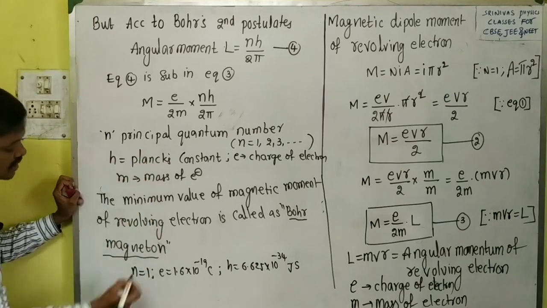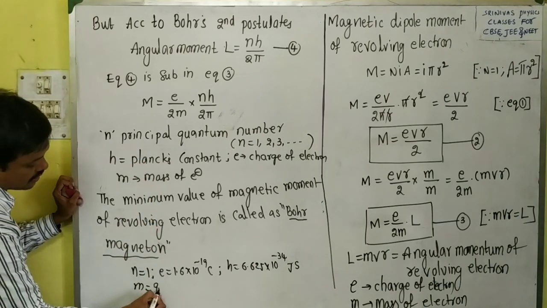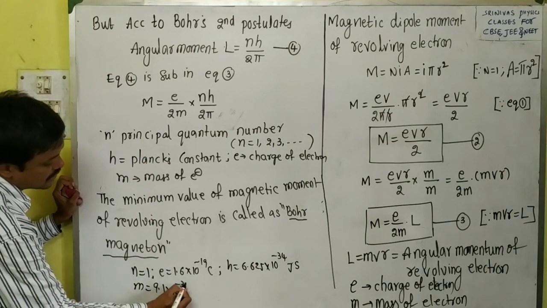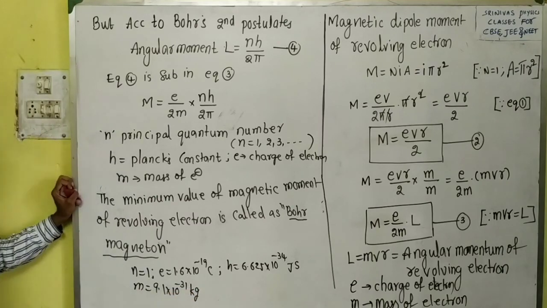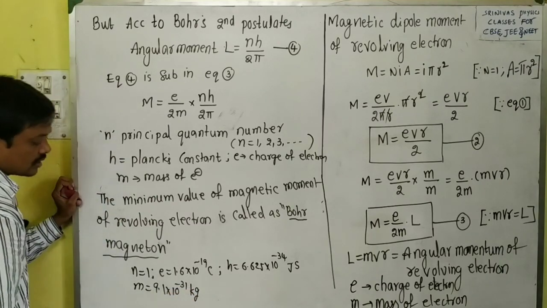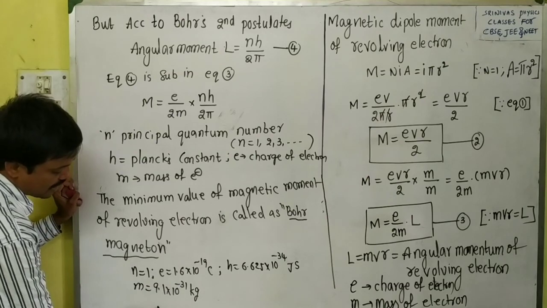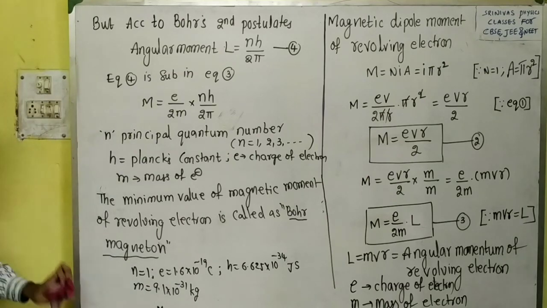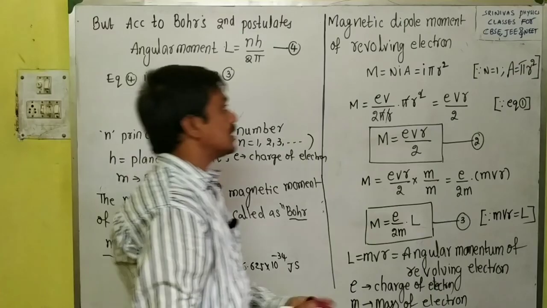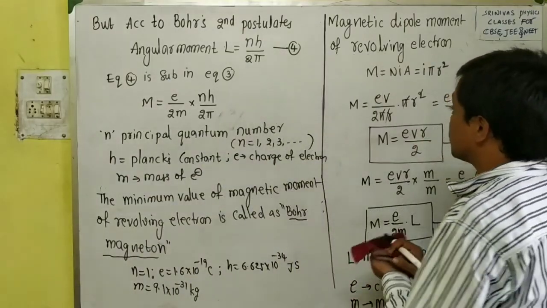And the next, what terms are there? Mass of electron 9.1 into 10 to the power of minus 31 kg. These all values you substitute in the above equation. Then when we substitute it, we will get the M value.